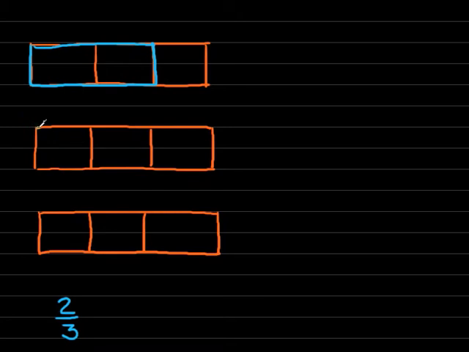And I'll do that for each of my bars here. Okay, so each of these blue rectangles represents 2/3.